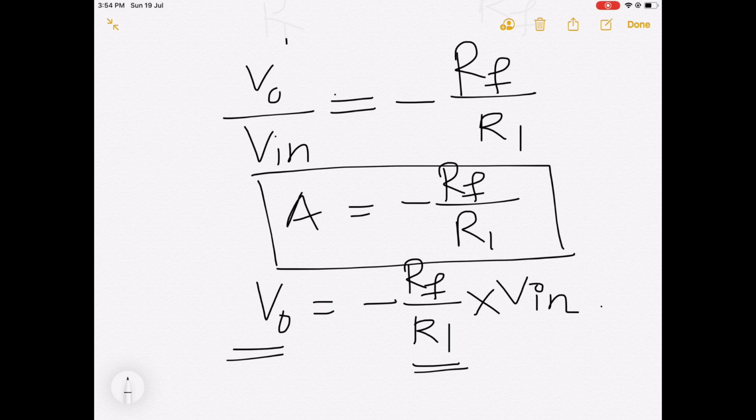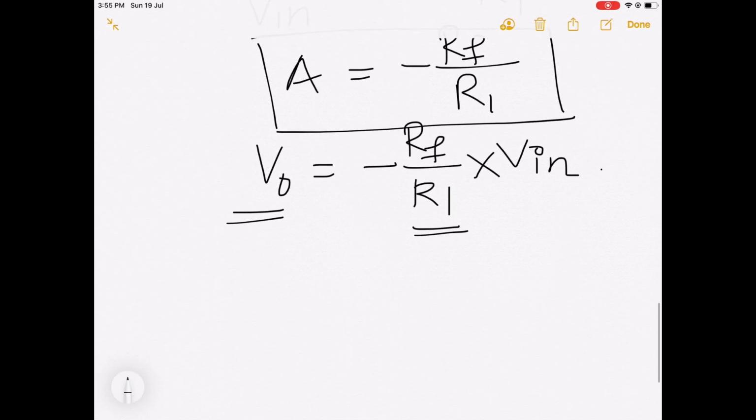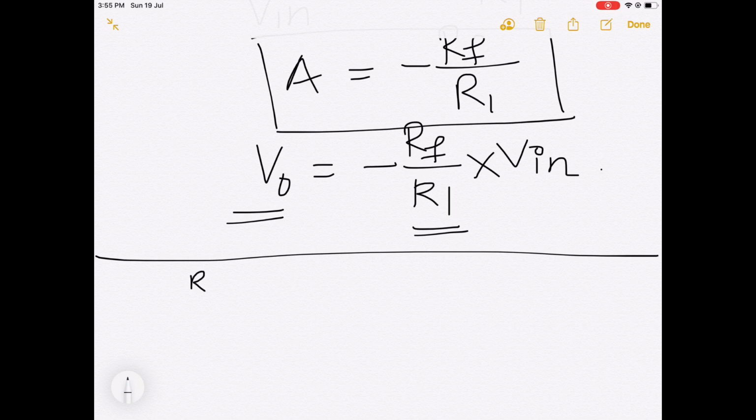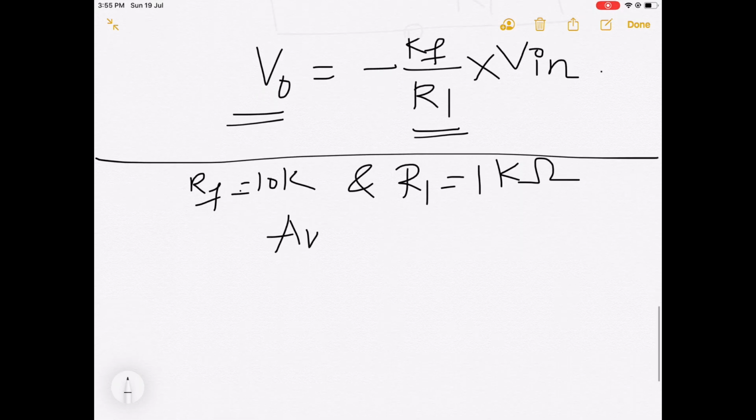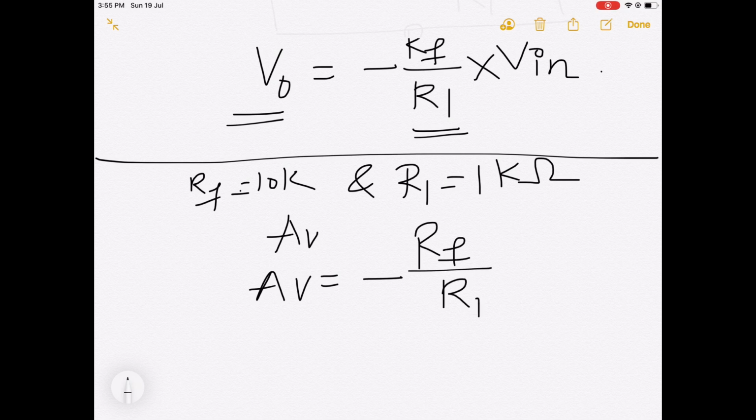Okay. So first we will see one example for this. Suppose an example is given like this: for a closed loop inverting amplifier, your RF is 10K and R1 is 1K, 1 kilo ohms. Okay. Determine AV. Then simply you have to write down this formula, as the circuit is an inverting amplifier, so AV is equal to minus RF upon R1.